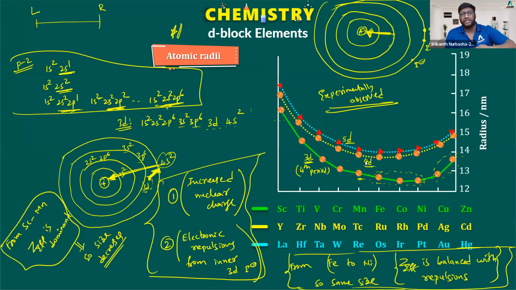Then you have 5D, sixth period. 3D to 4D, what happened to the size? Size has been increased greatly or not? But 4D to 5D, what happened to size? Size is increased, but is that increase great, or very, very less, or is it matching with 4D directly?